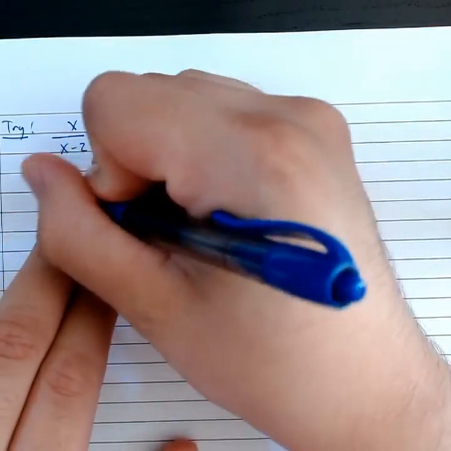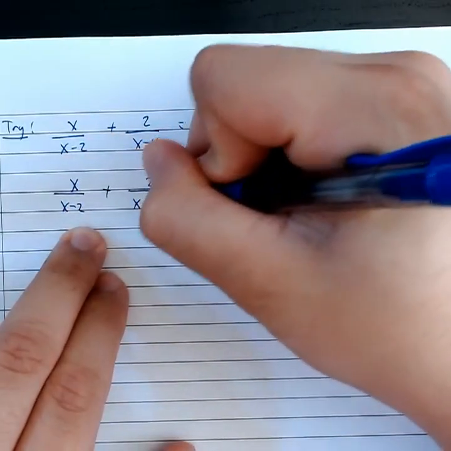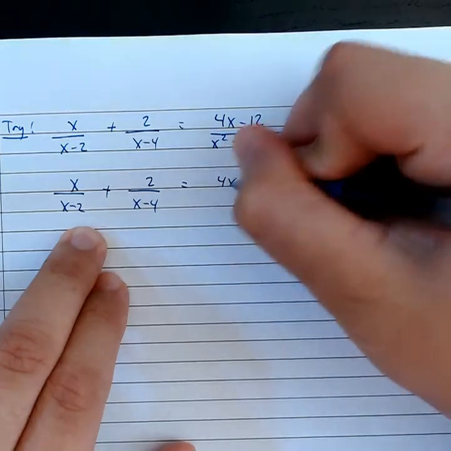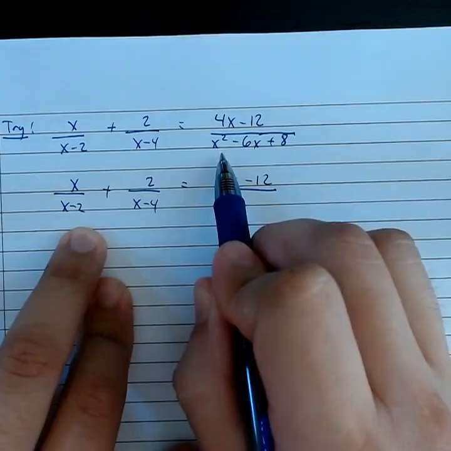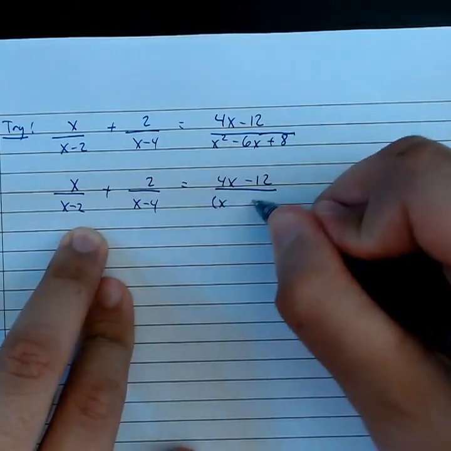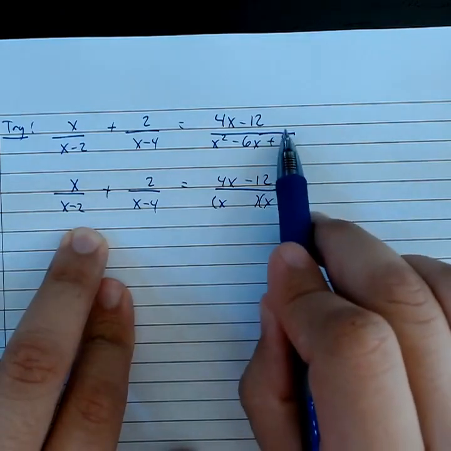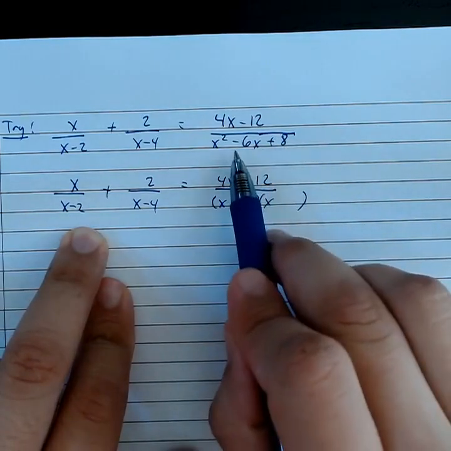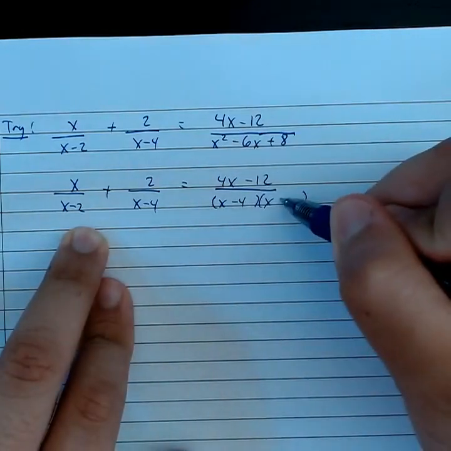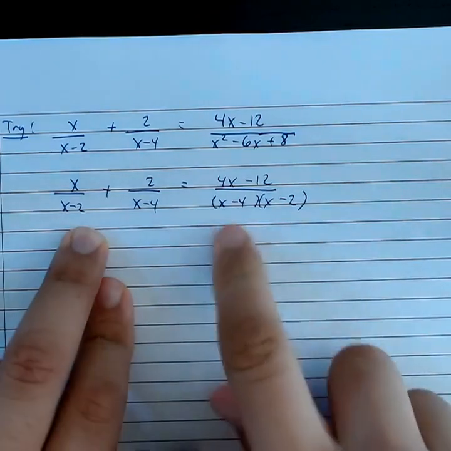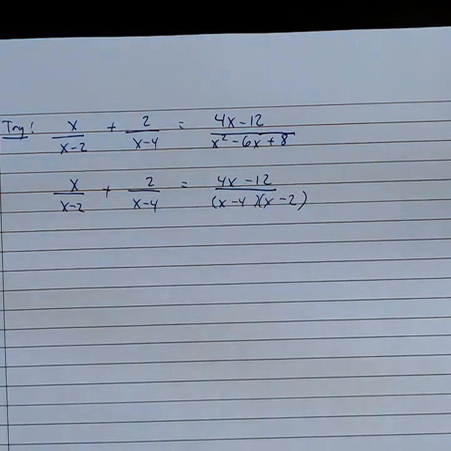So I'm going to write this as x over x minus 2 plus 2 over x minus 4 equals 4x minus 12 over, here, this factors by finding two numbers that multiply to give us positive 8 and add up to give us negative 6. Well, that'll be negative 4 and negative 2. Negative 4 times negative 2 is positive 8. Negative 4 plus negative 2 is negative 6.